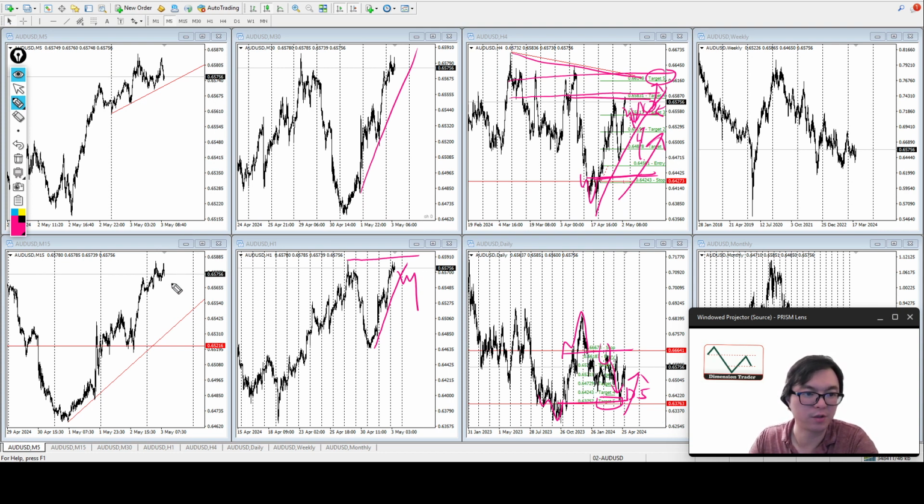Back to the 15-minute. Today we got a movement, price breaking down to the previous support after this trend line break. So in the New York session, price came down here and created 2 strong candles, something like this.